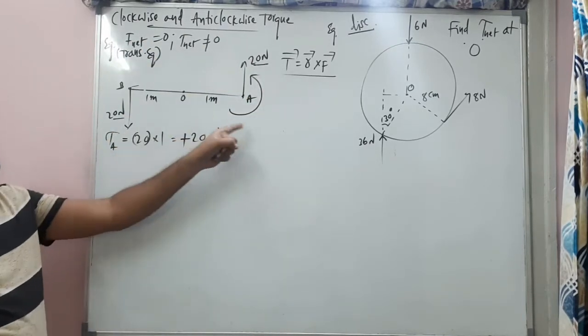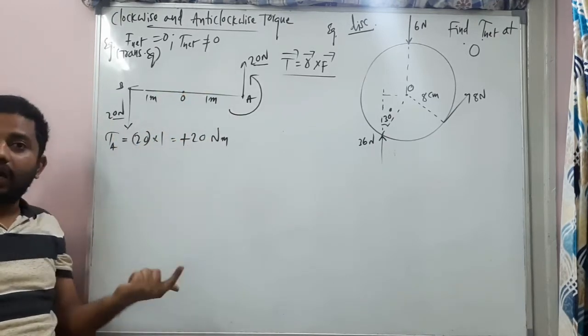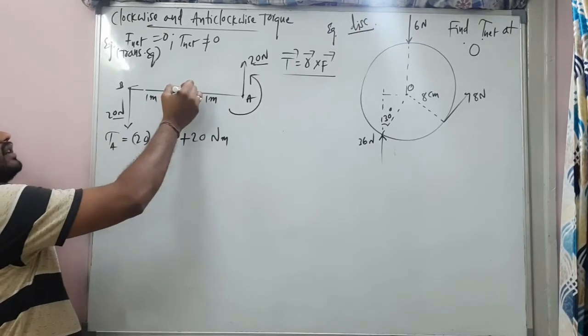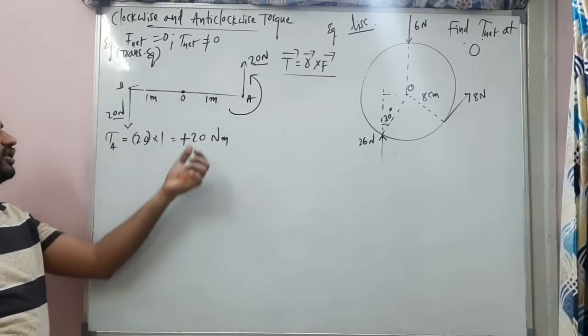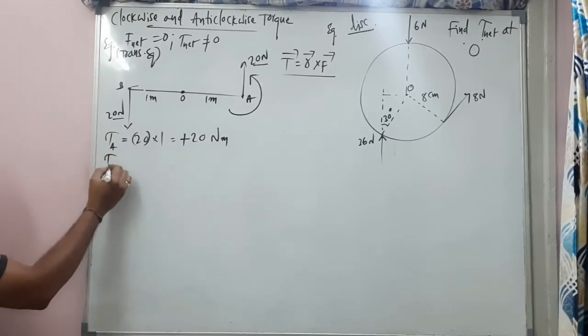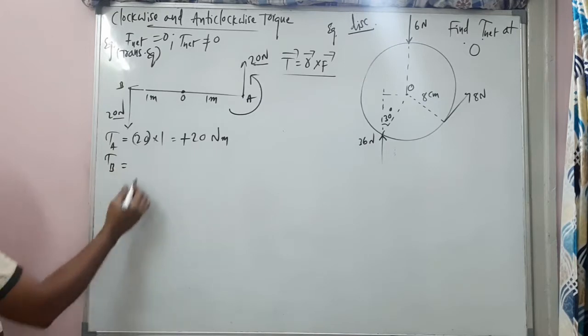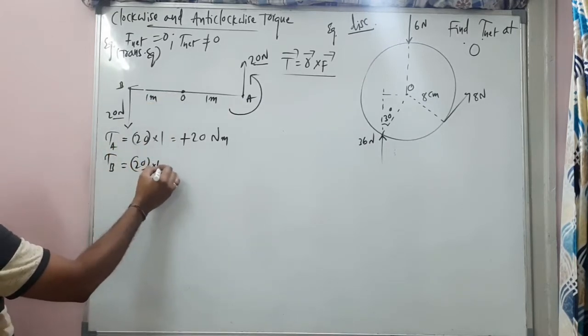When the rod is moving in the anti-clockwise direction, the torque is positive, directed out of the plane.